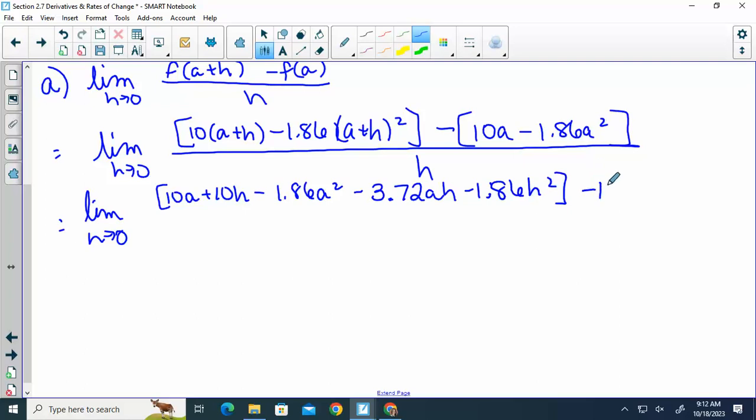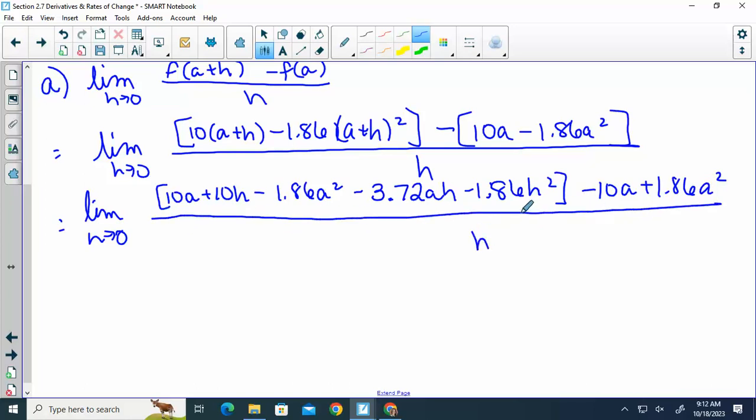This one, if I distribute my negative, all right, what now? Yeah, 10a and negative 10a drop. 1.86 a squared and negative 1.86 a squared drop.